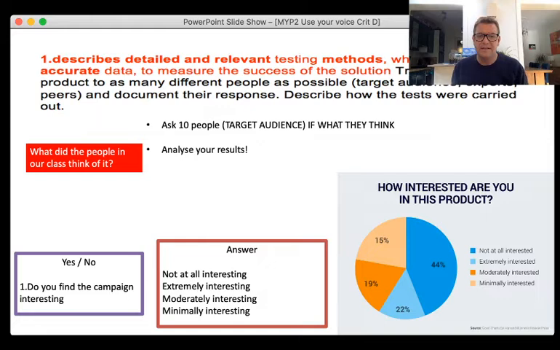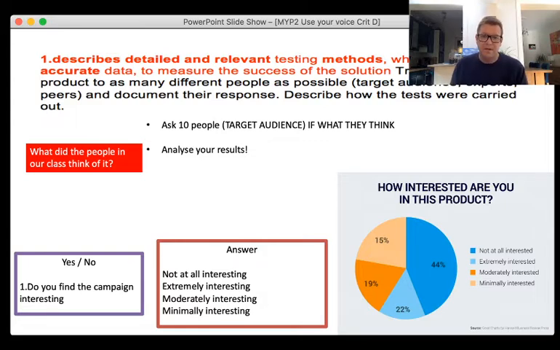What it says is that you need to describe detailed and relevant testing methods. So you basically need to test your product. Now, how do we do that? You've made something that you're trying to influence people with, trying to let them know about something important. So what you want to do is show your video to people and ask, did they understand it? What did they think about it?